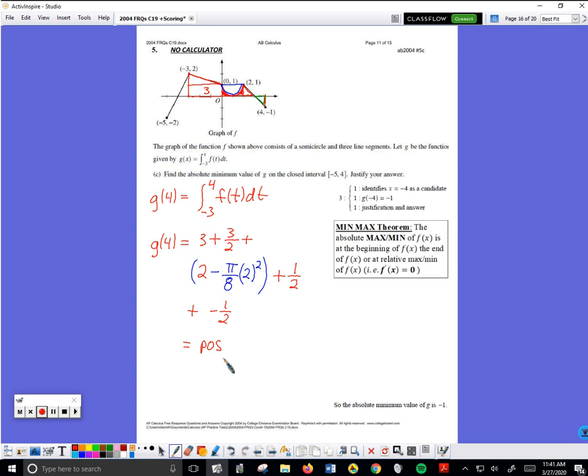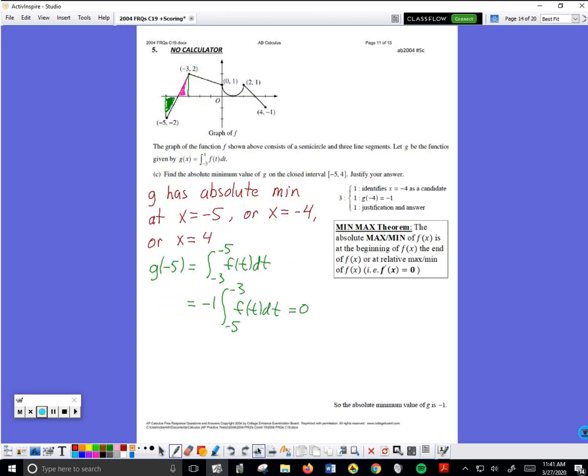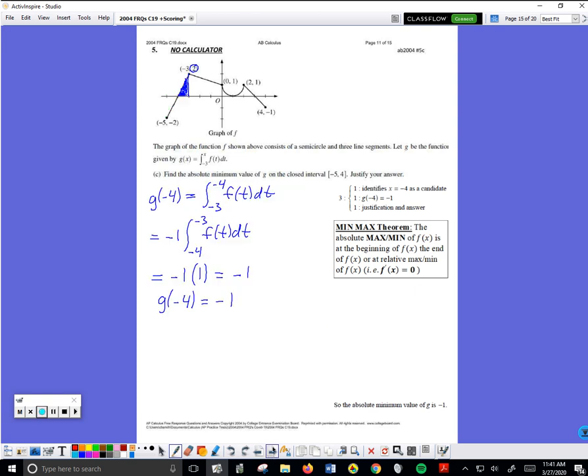Knowing that that's positive is good enough, because the whole goal of the problem was to figure out where's the absolute min of G on this interval and to justify our answer. So in our work, we've shown that the only place G could have an absolute min is x equal negative 5, x equal negative 4, or x equal 4. We know that at x equal negative 5, the y-coordinate is 0. At x equal negative 4, the y-coordinate of G is negative 1.